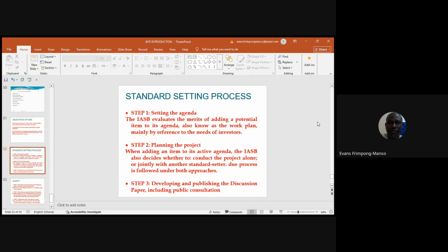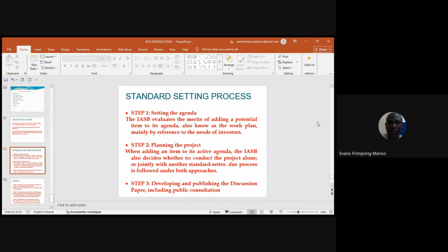So the standard setting process starts with an agenda or an idea or a plan. So you should have an agenda before you plan for the agenda. Because if you don't have an idea about something that you want to do, you cannot plan doing those particular things.